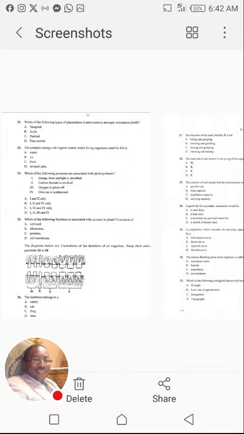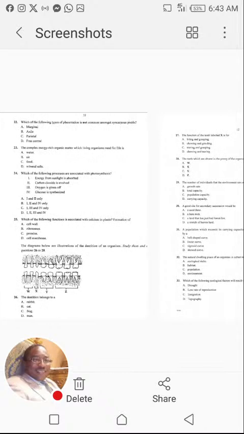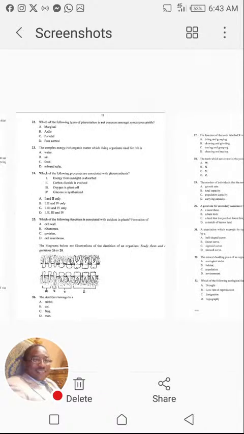Yes, the X teeth, that is the canine, is actually for tearing and grasping prey. It can't be D, because the canine is not used for chewing at all. Neither can it be A, because the canine is not for biting. Neither can it be B, because the canine is not for chewing. So the correct answer for number 27 is definitely tearing and grasping, option C.